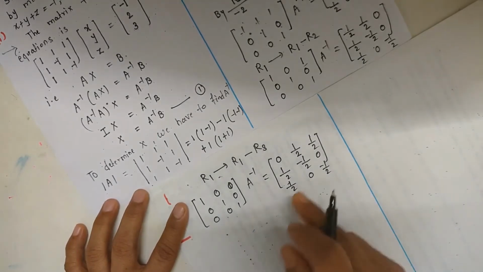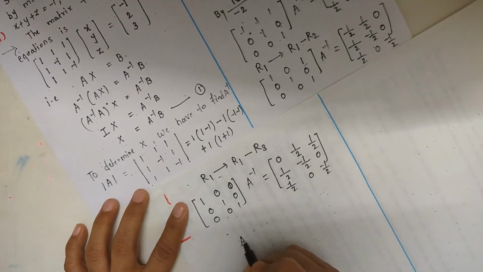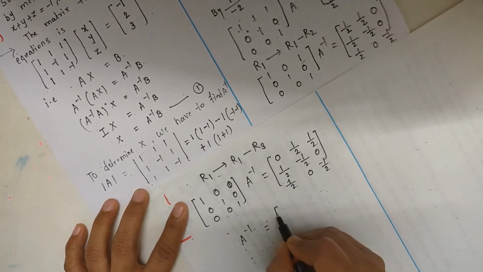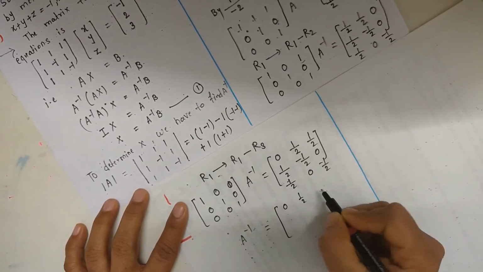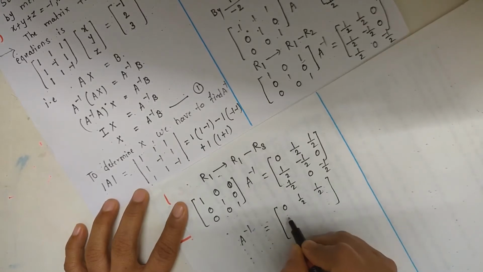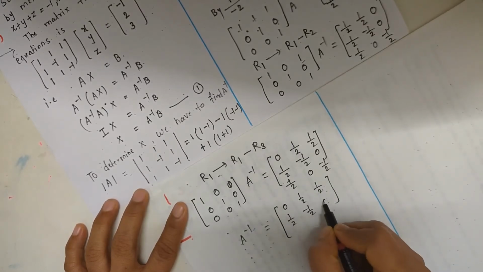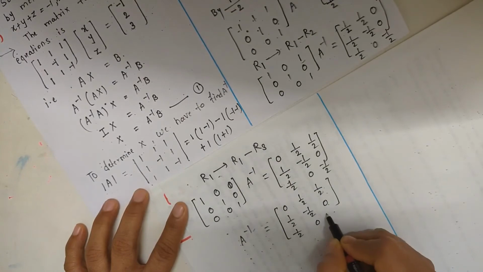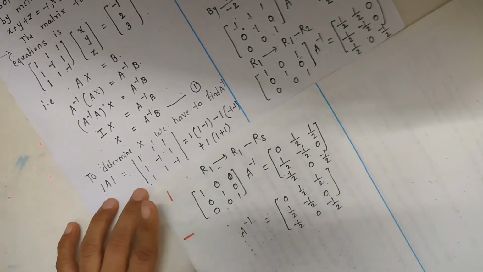In this way we get the value of A inverse equal to 0, 1 by 2, 1 by 2, 1 by 2, minus 1 by 2, 0, 1 by 2, 0 and minus 1 by 2.